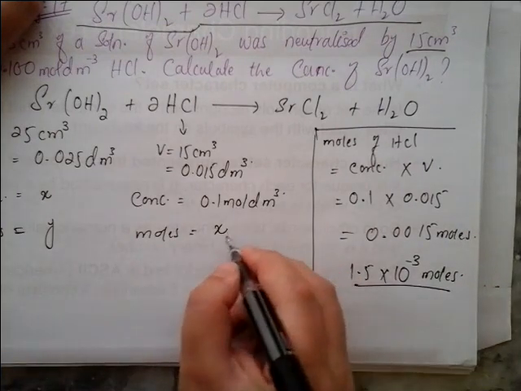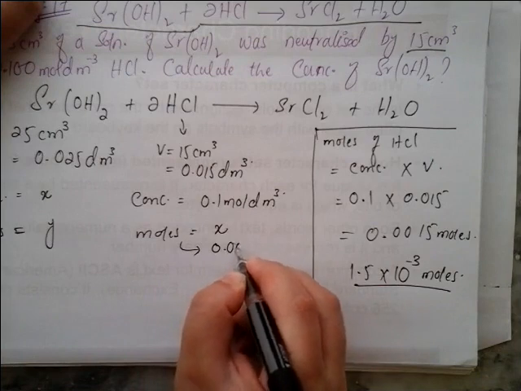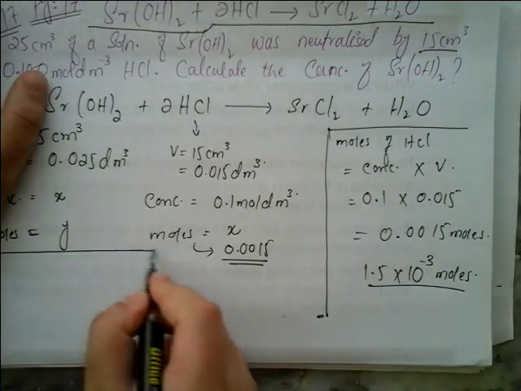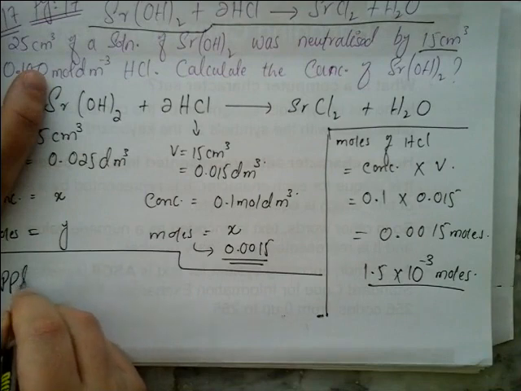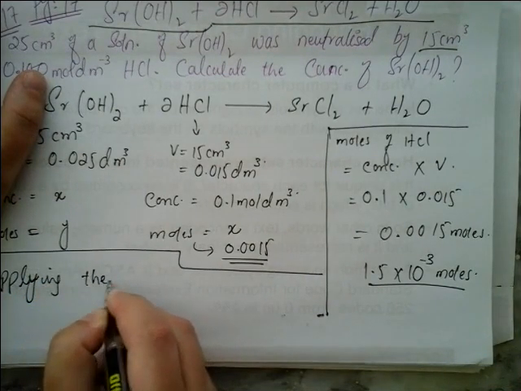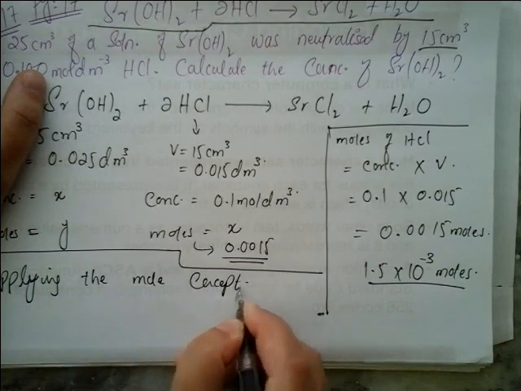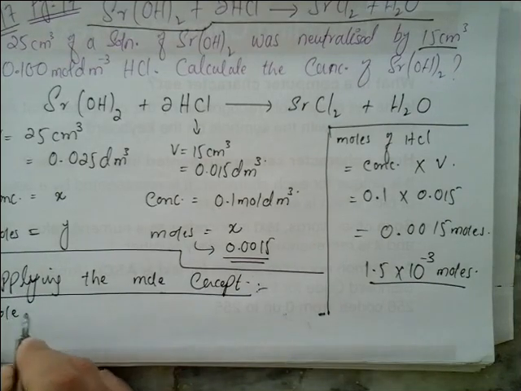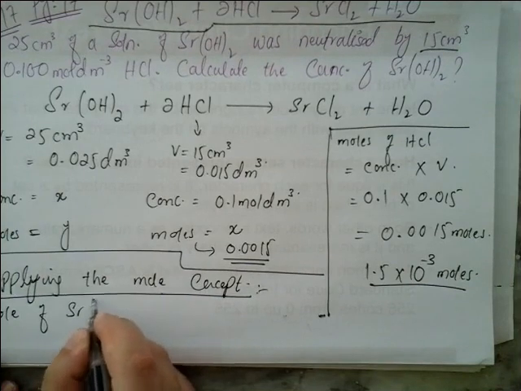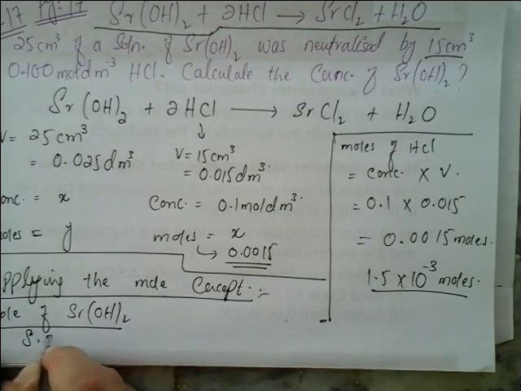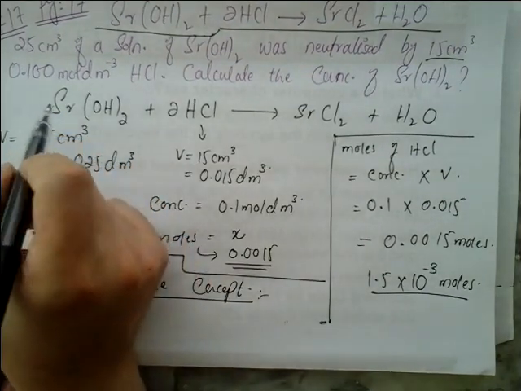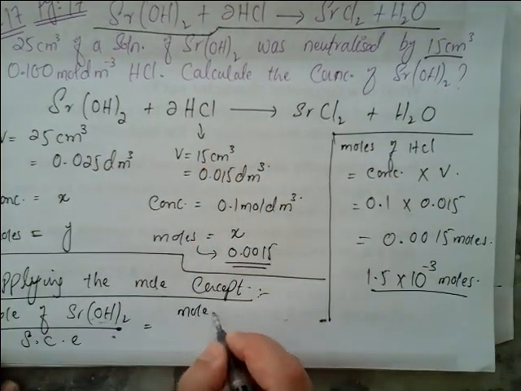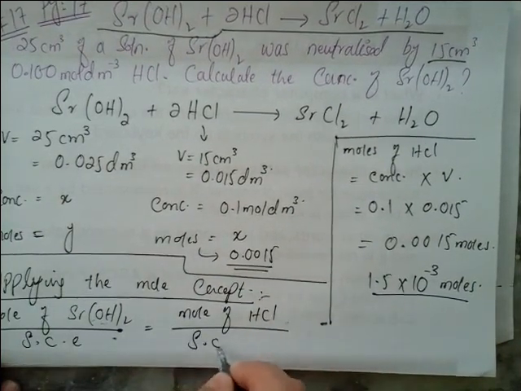Is that clear? So moles are now 0.0015. Now we will apply the mole concept for stoichiometry. Here the moles of strontium hydroxide divided by its stoichiometric coefficient, which is 1, is equal to the moles of HCl divided by its stoichiometric coefficient.